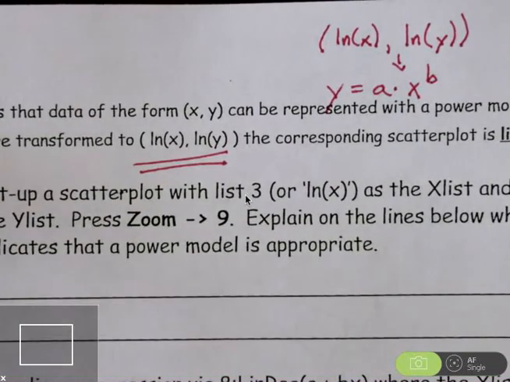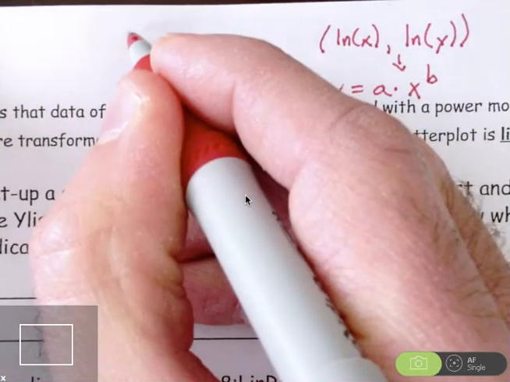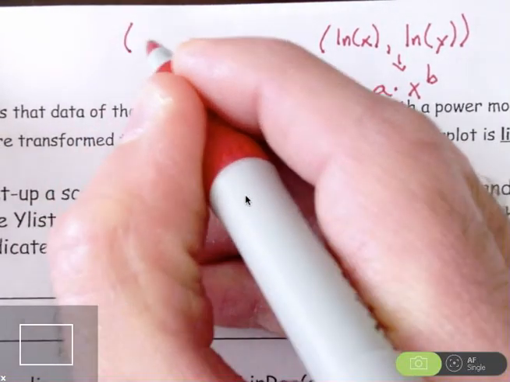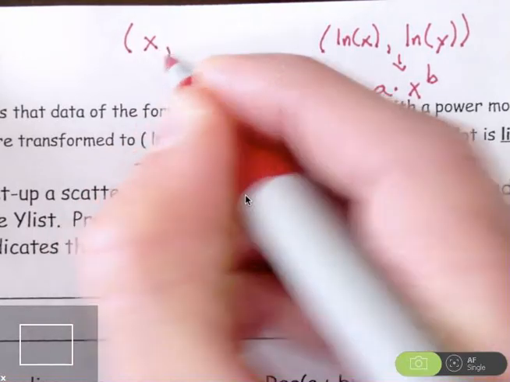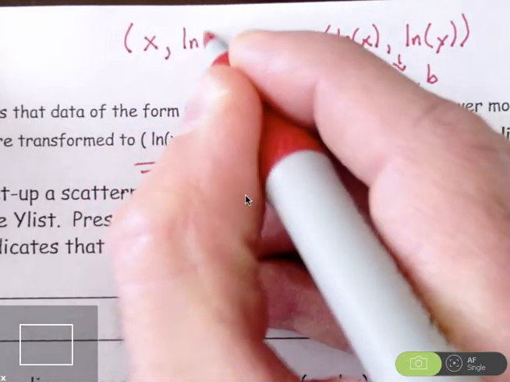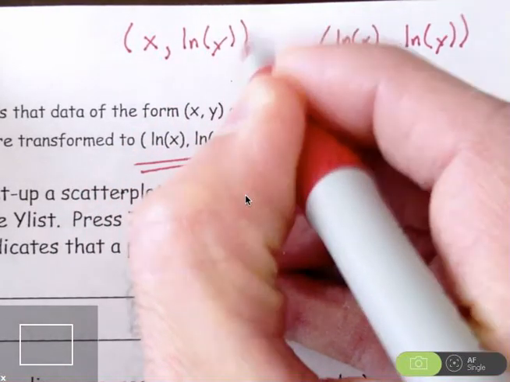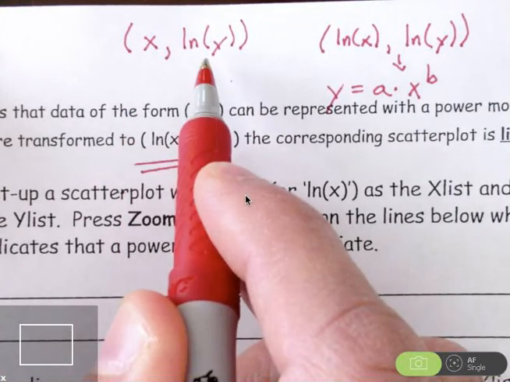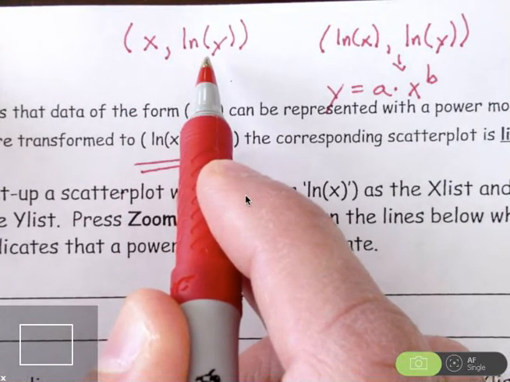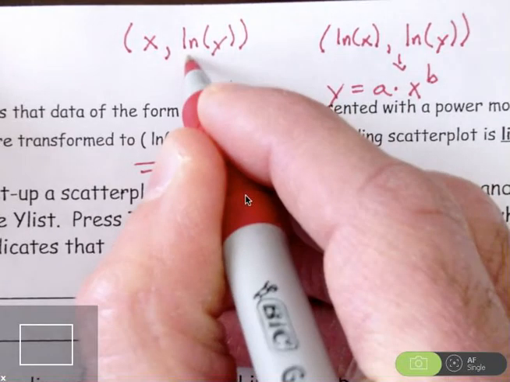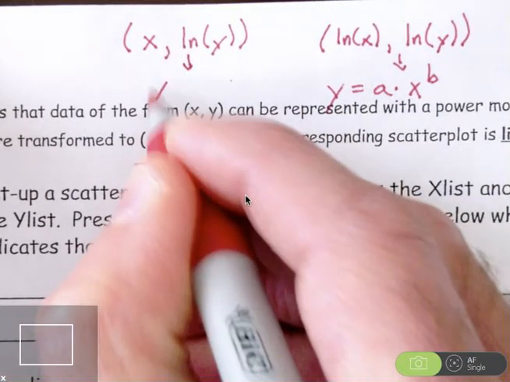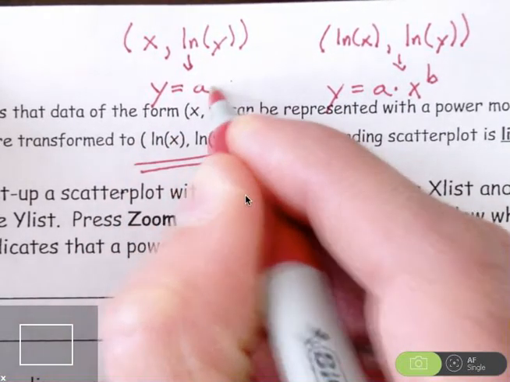On the other side, what we verified doesn't work in this case: if plain x compared to the natural log of y, so the plain explanatory variable compared to the natural log of the response variable, if that plot is linear, that suggests that an exponential model would be a good fit.